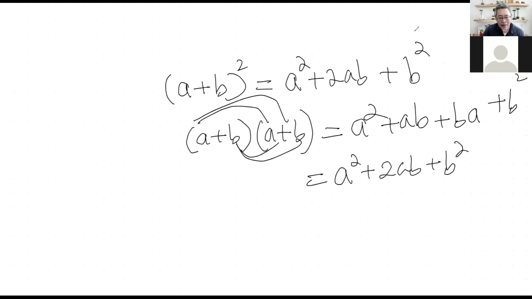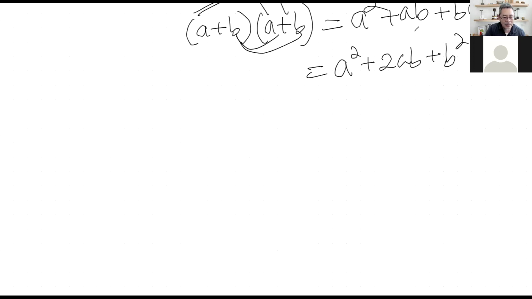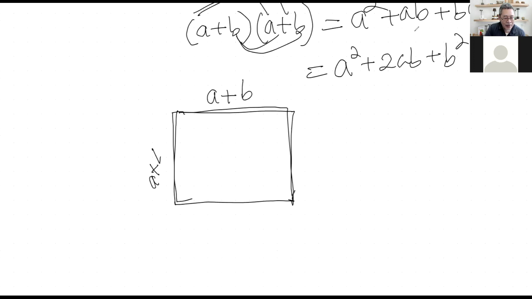And another way for us to see this is using a rectangle, actually a square. This is a plus b. This is a plus b. Now you can see that if we cut this, what we got here is this part is a squared, and this part is b squared.